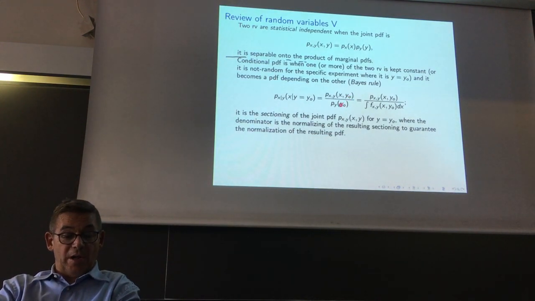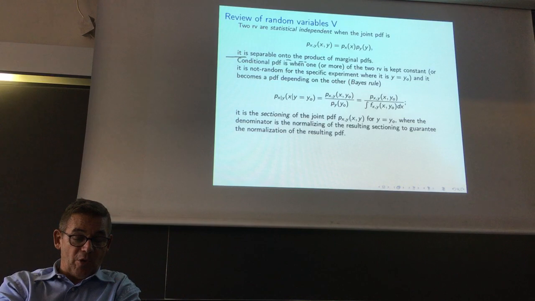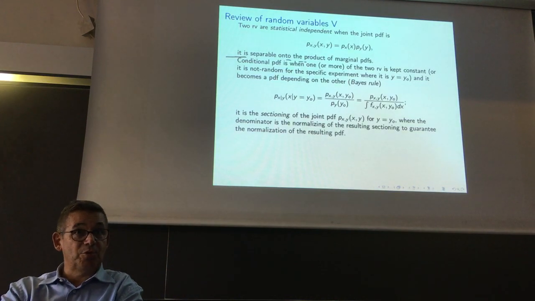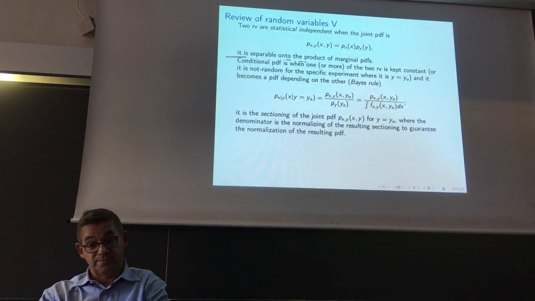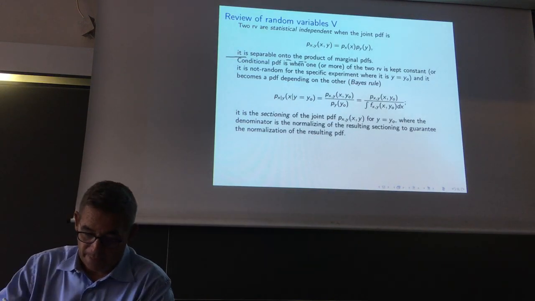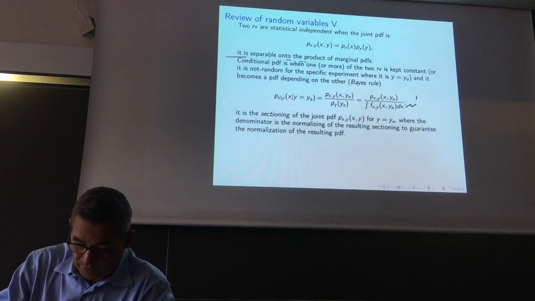But this formula is the Bayes formula. You recognize the first one. This one, by the marginalization rule, is exactly that. And this one is the normalization factor that I just wrote. So the Bayes formula is nothing else than what we intuitively discussed.